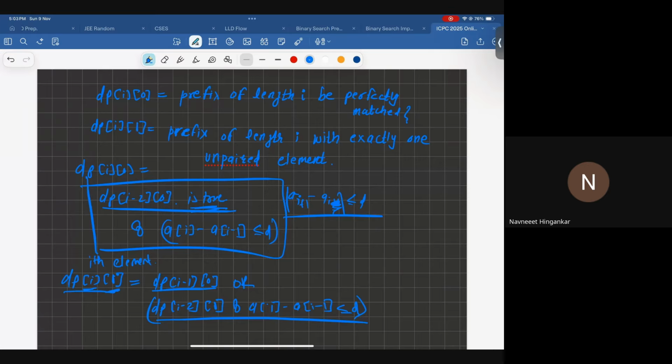This basically means I am skipping the current number, or I have already skipped in the (i-2)th prefix and I'm combining the current element with the previous one. And these are basically the sorted sequence. That's it. For binary search plus ordered set, we can also use this. Like, for what binary search exactly?